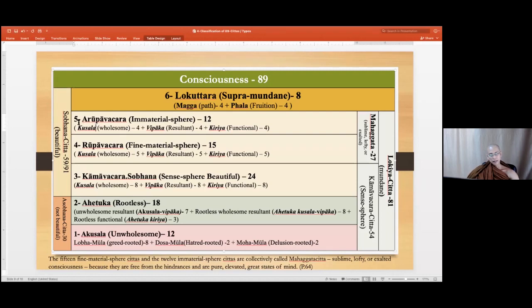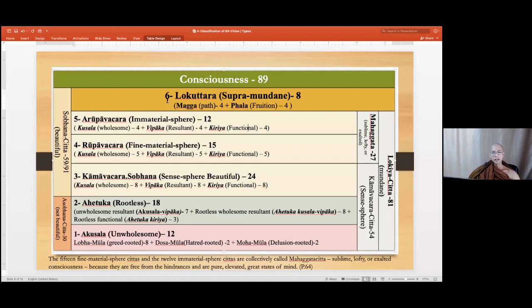And the number 5 classification, Arupa Vachara, is translated as immaterial sphere. There are 12 in number, divided into 3 categories, each of them having 4. So wholesome, Arupa Vachara kusala, or wholesome immaterial sphere consciousness, number 4, vipaka, number 4, and kiriya, number 4.